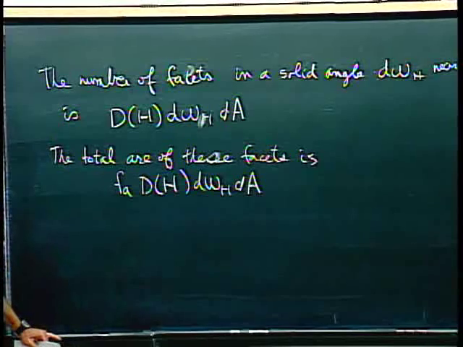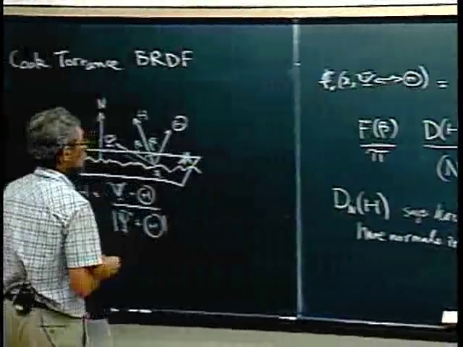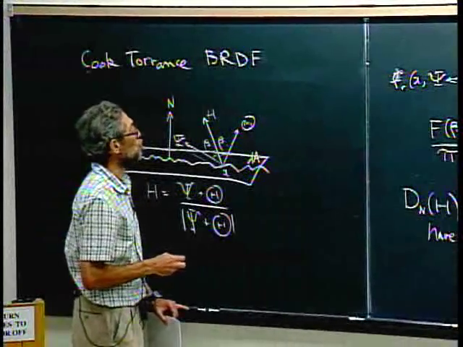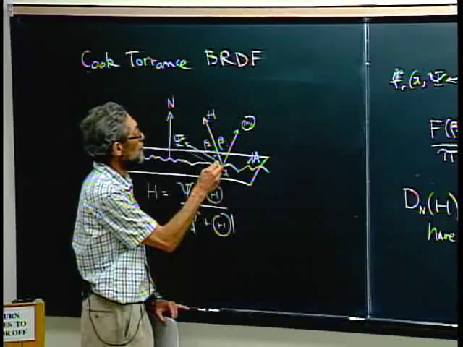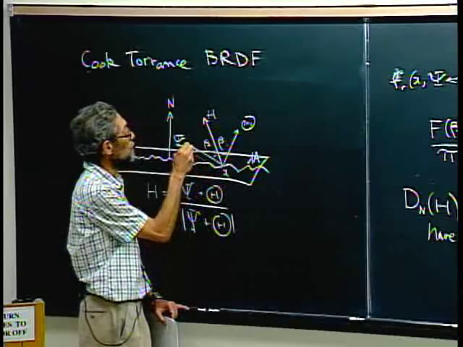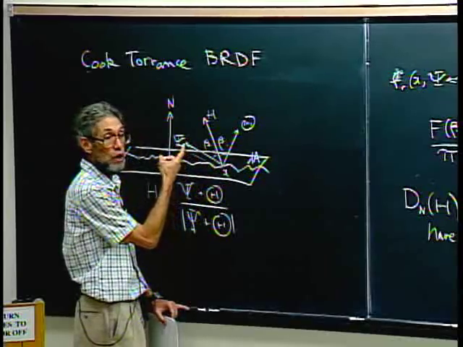And we want to know how much light is reflected. We want to know the radiance reflected in the direction theta. Well, again, if we go back to this picture, what we really have to worry about is light is not coming in from this specific direction, unless you have an infinitely bright point light source.